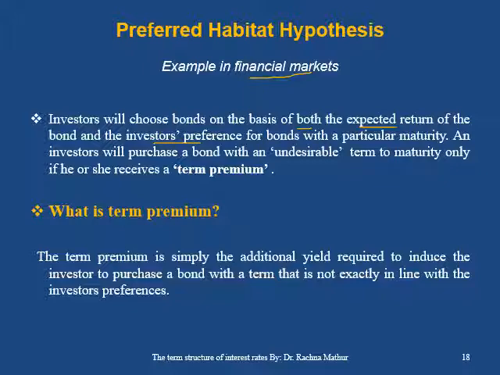An investor will purchase a bond with an undesirable term to maturity only if he or she receives a term premium. What is term premium? Term premium is simply the additional yield required to induce the investor to purchase a bond with a term that is not exactly in line with the investor's preference.